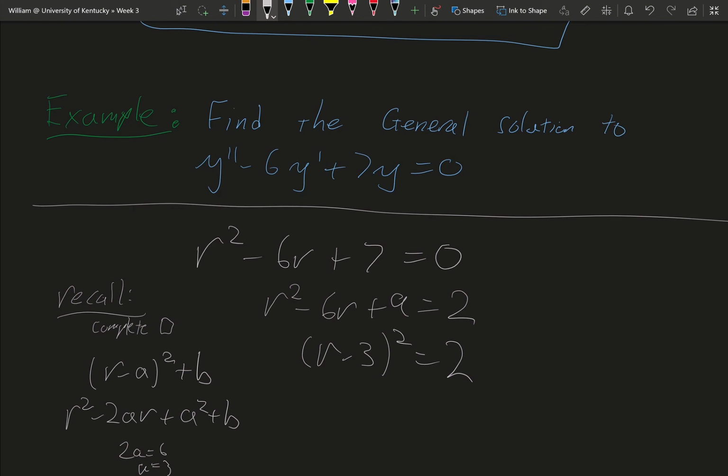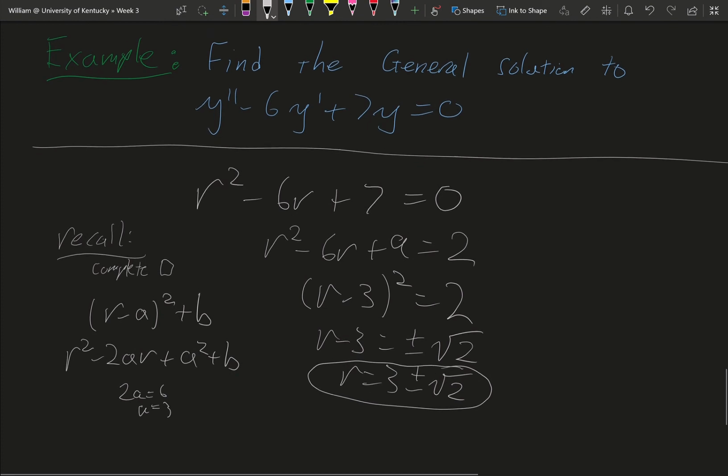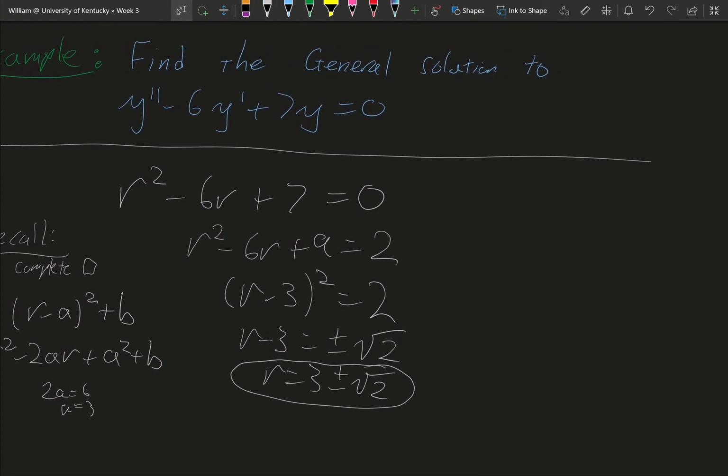We can take the square root. r minus 3 equals plus or minus the square root of 2, and r equals 3 plus or minus the square root of 2. Could, of course, also use the quadratic formula, but completing the square can be really useful.